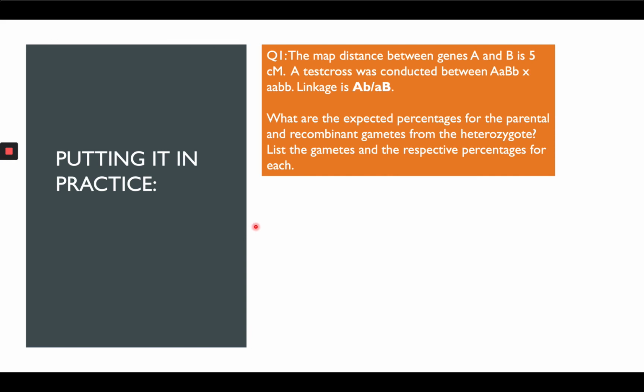Let's draw the same diagram here. Remember that our parental gametes are the alleles on the same chromosome. Since this line in the middle, as I said before, is representing the divide between each chromosome, we can see that our parental gametes are the alleles on the same side of the line.